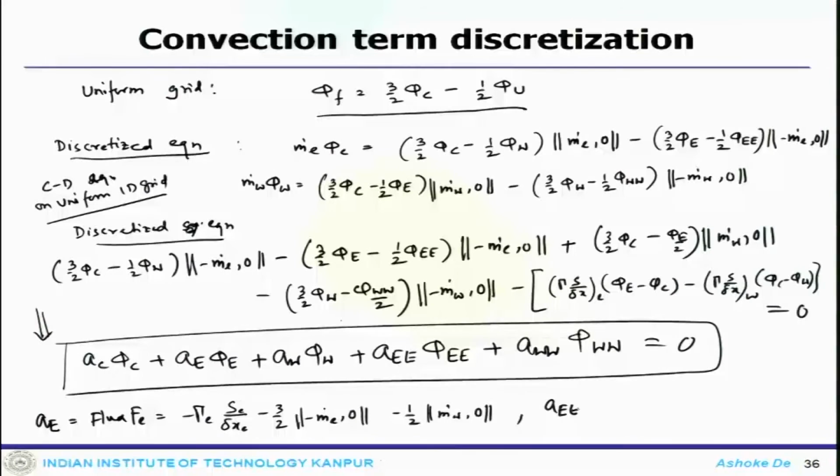A E is flux F E, which is half of minus m dot E 0.